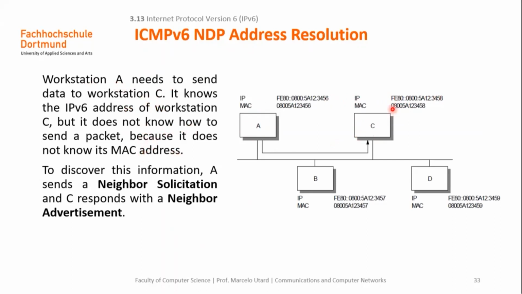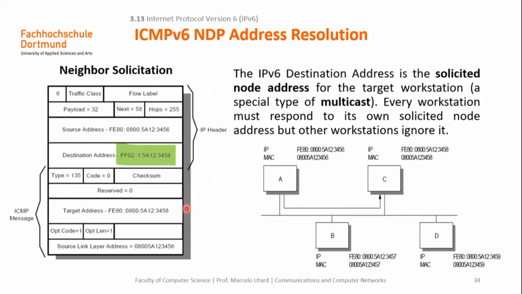That is, host A needs to know the MAC address associated with this IP address. To discover this information, host A sends a neighbor solicitation, and node C responds with the neighbor advertisement. Those are typical examples.